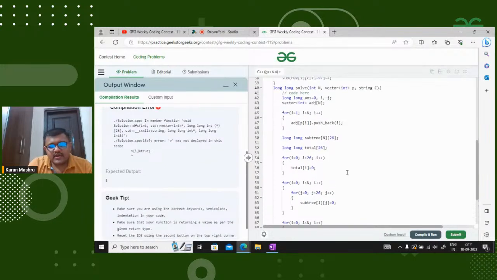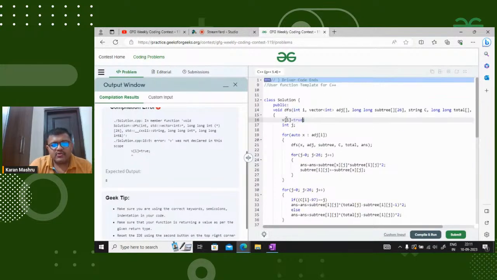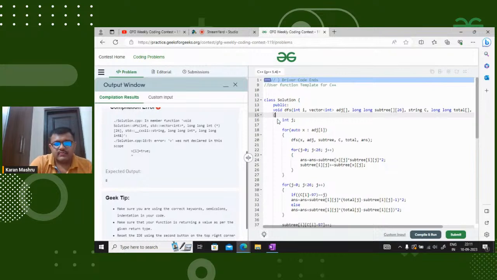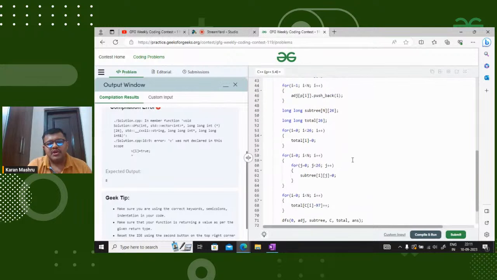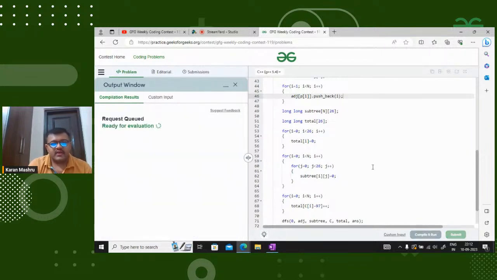V was not declared. Okay, so we do not need to mark v of i as true because we are doing a DFS, but in the adjacency list we added a path from parent to child only. So from child to parent there is no path, so we can directly traverse. So we have got 8. Let us submit it.